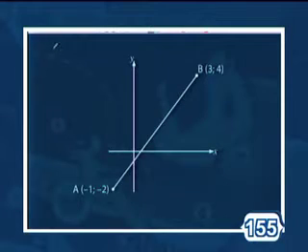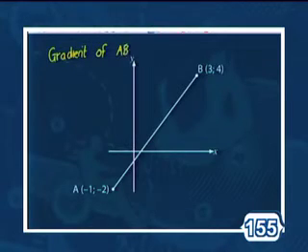Let's have a look at how we would apply it. I am now working with you on page 155, down the bottom, just underneath the pictures of the motor cars. And it says that we want to find the gradient of this line. Now, how do we set it out?